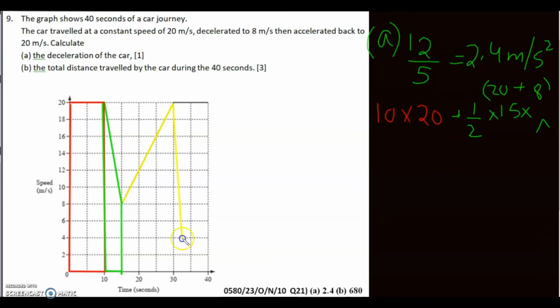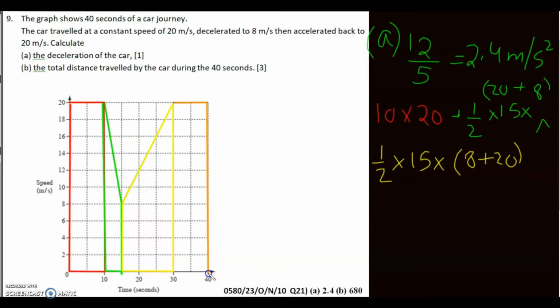Here it is. So area of this. Okay, this is going to be half times height is from 15 units till 30. So that's 15 times sum of parallel sides. This side is 8 units and this side is 20 units. So 8 plus 20. And then the final rectangle, which is this.